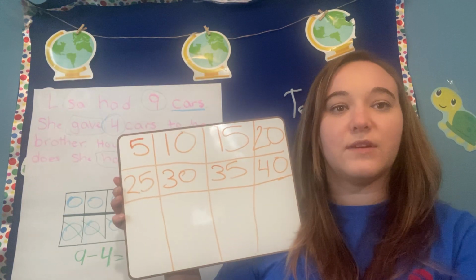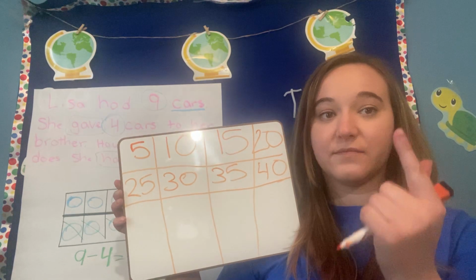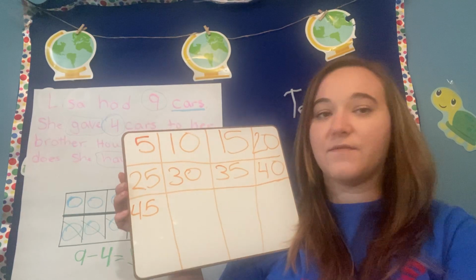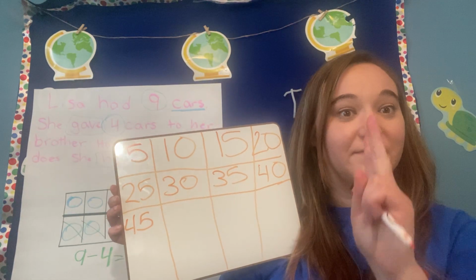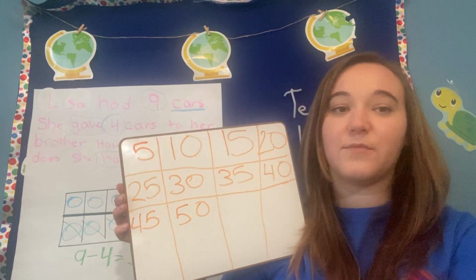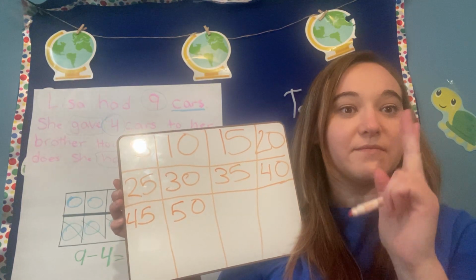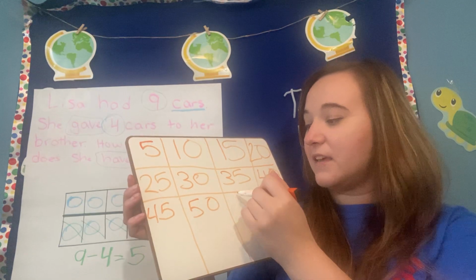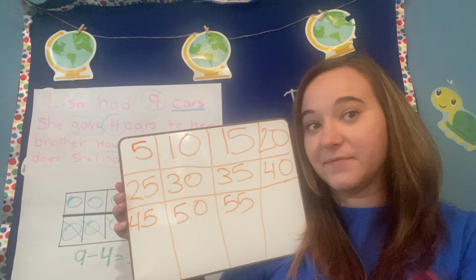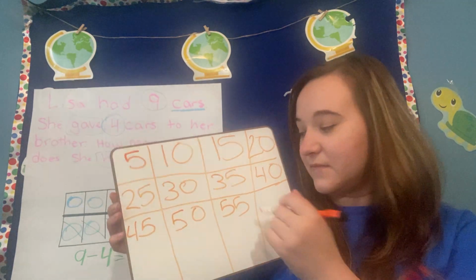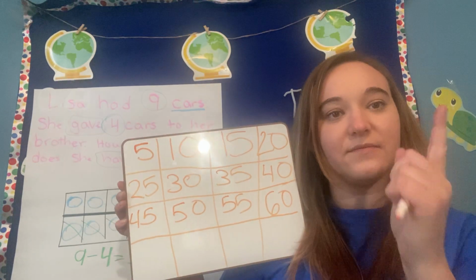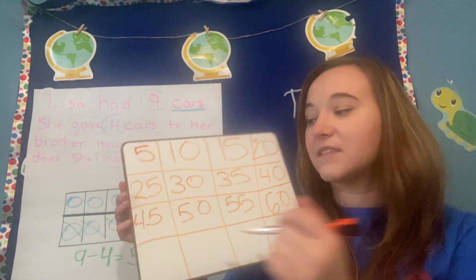What's 5 more than 40? 45. 5 more than 45? 50. 5 more than 50? 55. 5 more than 55? 60. 5 more than 60 is 65.